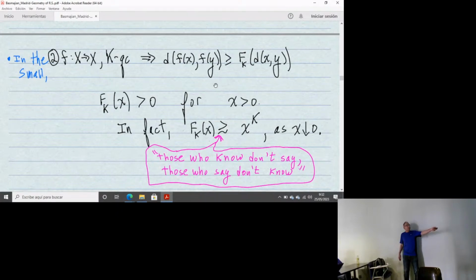But the important feature of this function is that it's essentially bigger than r to the K, where K is the dilatation. So when r is close to 0, sorry, this should be an r, not an x. What happens is that when you're in the small, here's a picture.